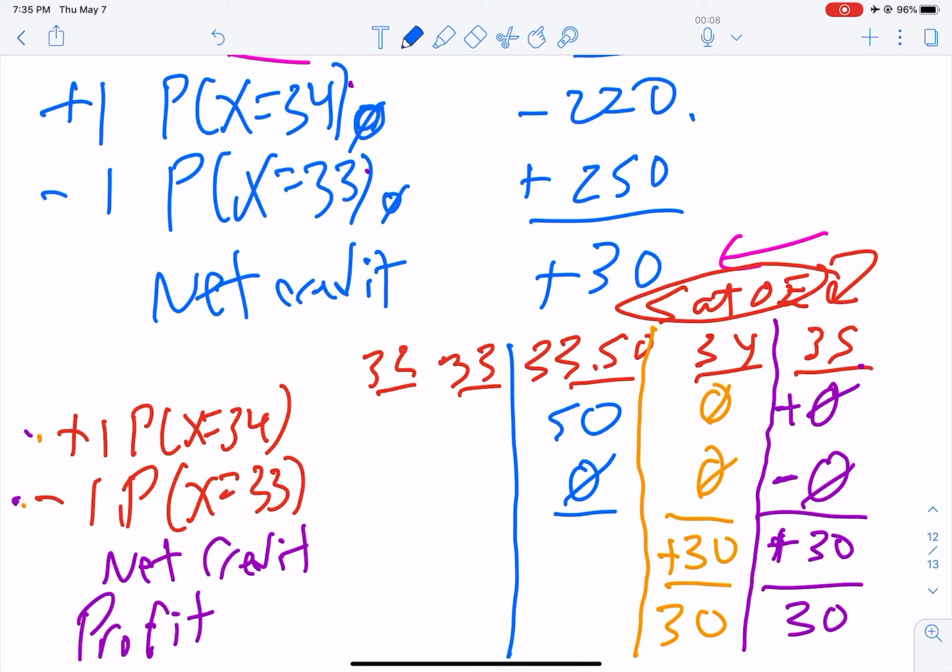So I'll sell it and get the $50. I also received $30 when I opened this position, and therefore I've got $80 profit.